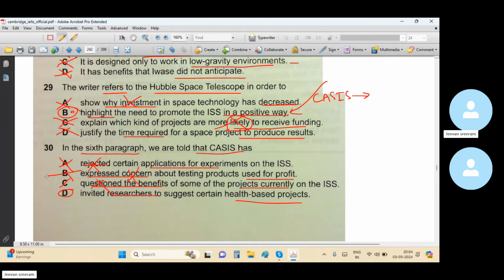Okay, why have we eliminated A, B, C? A is wrong because there is no evidence or supporting information in the related paragraph that CASIS has rejected any applications. B is wrong because the passage actually implies that CASIS encourages the development and testing of commercial products, right?